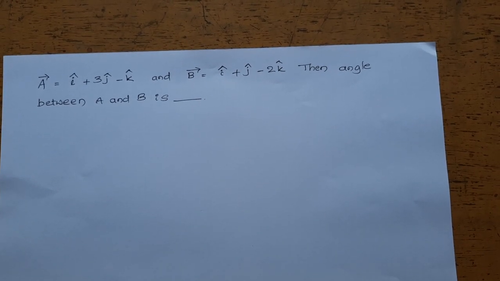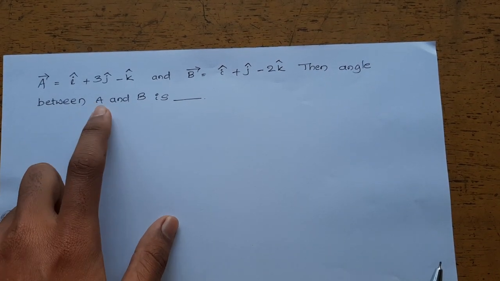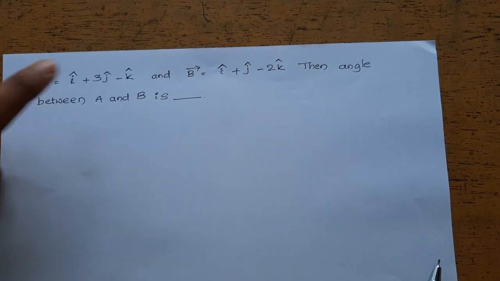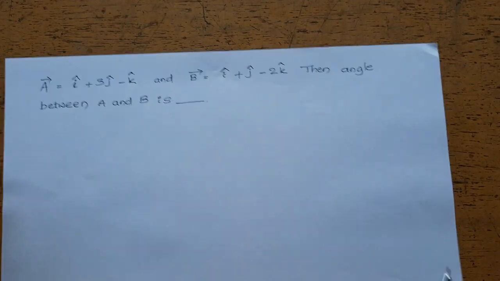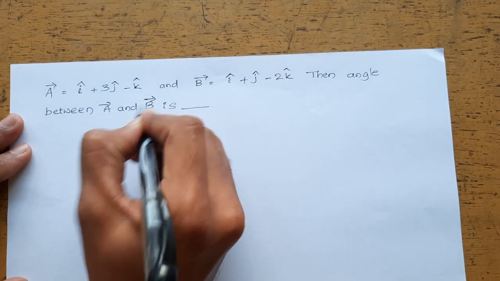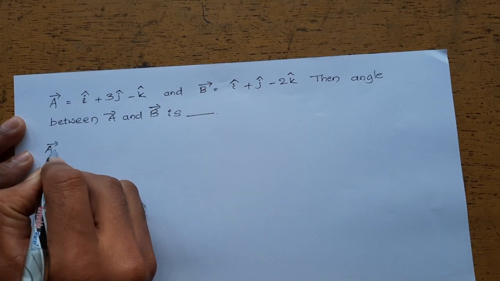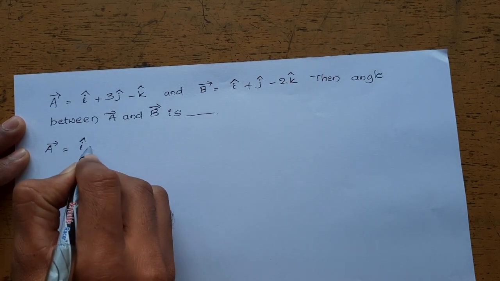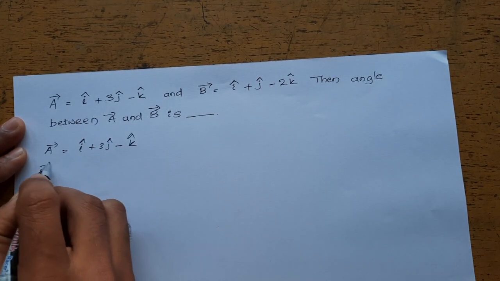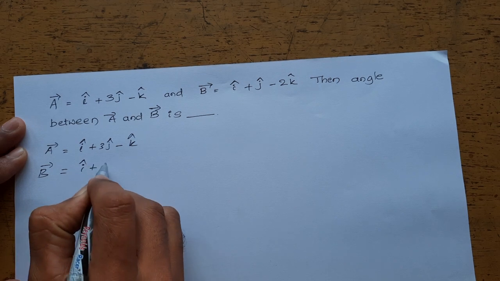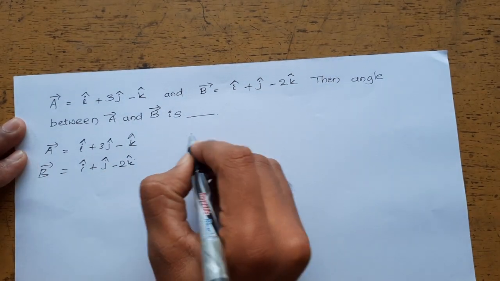See, this is another type of problem where they are asking you to find the angle between A and B. They are giving you vector A and vector B, then what is the angle between vector A and vector B? For this, we know our regular method: vector A is equal to i cap plus 3j cap minus k cap, and B is equal to i cap plus j cap minus 2k cap, and whatever formula we know, we will write it down.